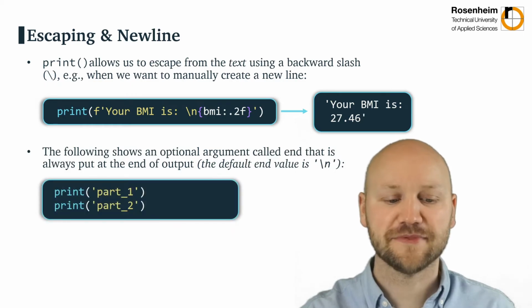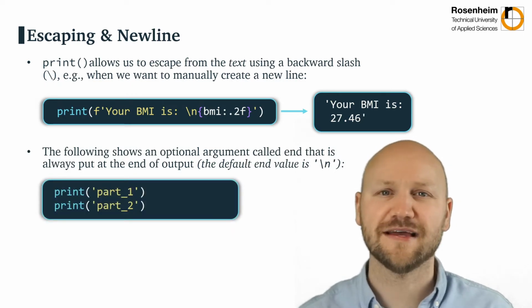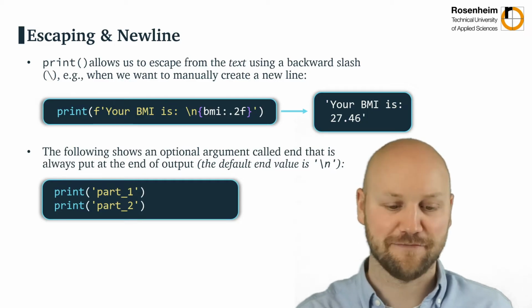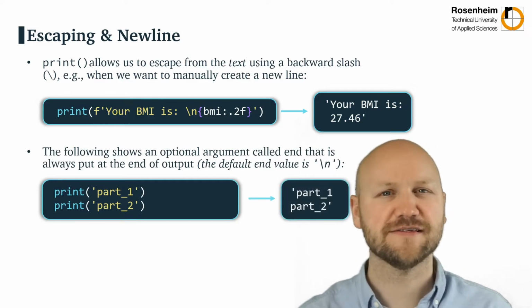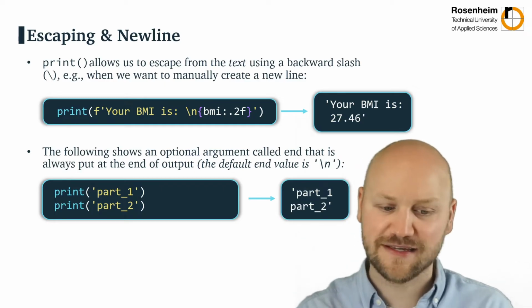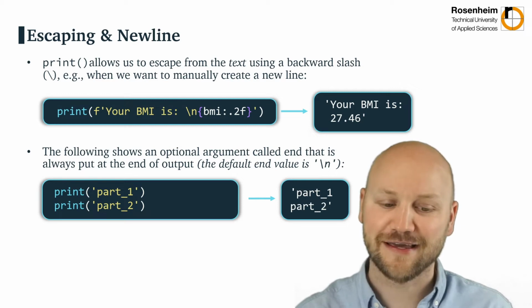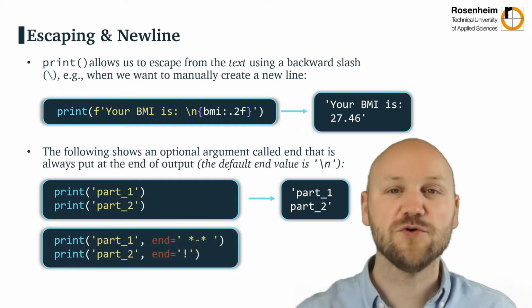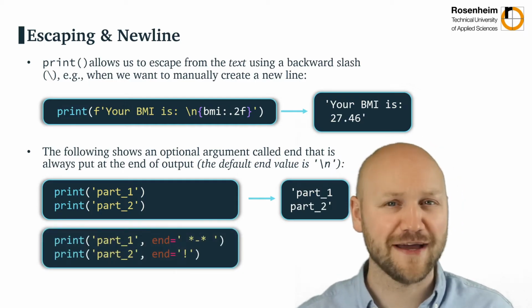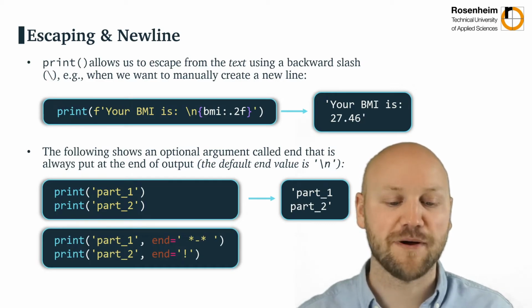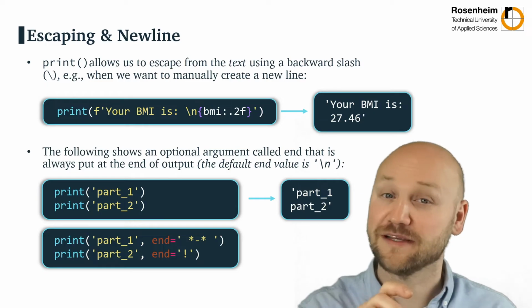And consider that print commands by default end with a new line. So in this case, we actually have this. There is part 1, new line. You can't see the new line command here, but it's there by default, and then part 2 is on a new line. If you want to control this, we need to override a variable in that function, and we can do so by specifying the variable that is called end.